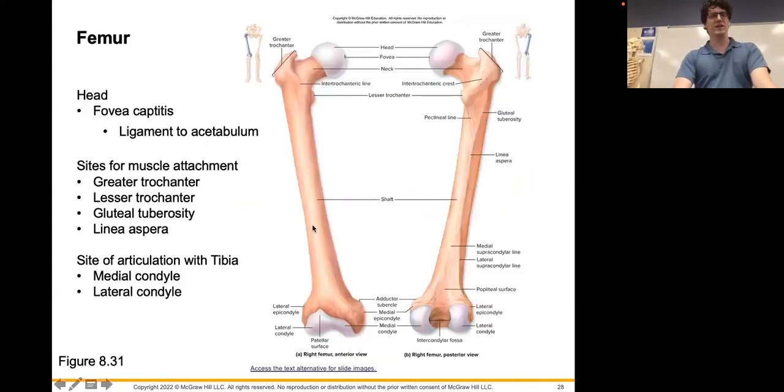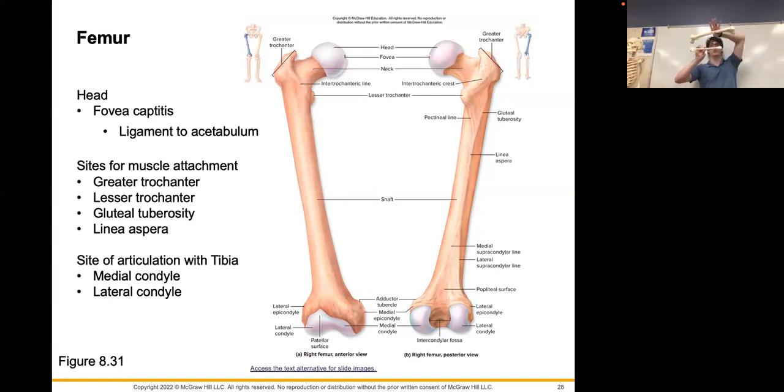All right. Now, getting into the lower limbs, the first bone of the lower limbs we have is the femur. This thing is incredibly heavy. Now, let me go ahead and show you what a femur looks like when compared to a humerus. Humerus, femur.